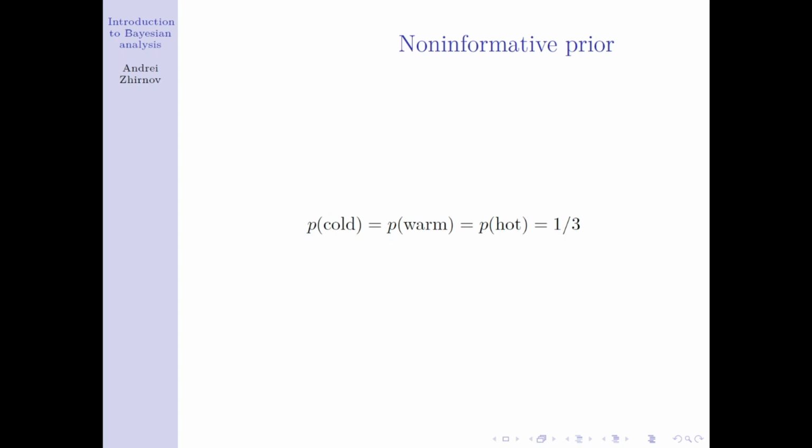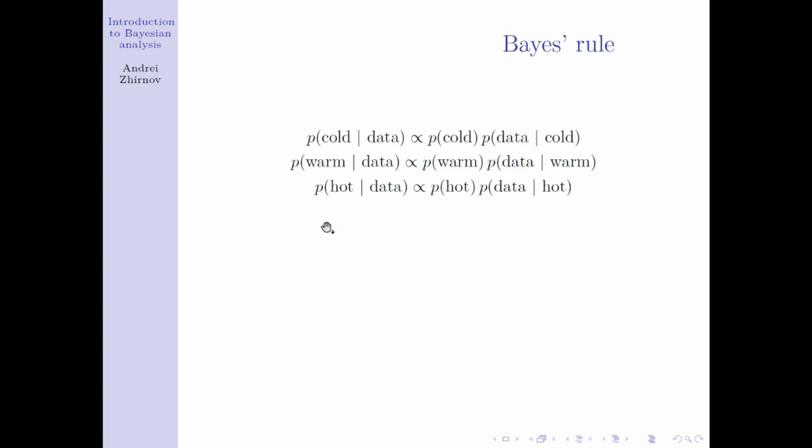We can do this by setting the probability of the weather being cold to 1/3, the probability of the weather being warm to 1/3, and the probability of the weather being hot to 1/3. This way, each of the three possible values of the weather parameter is equally likely. Now, let's talk about the Bayes rule and incorporate this information into the calculations of the posterior.